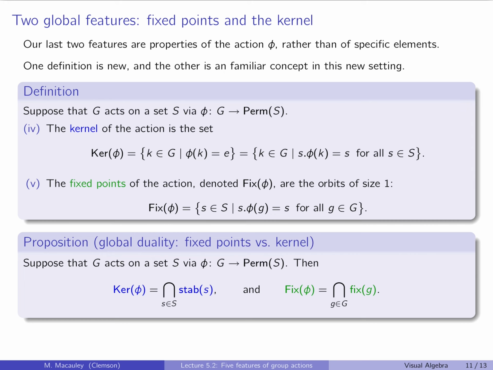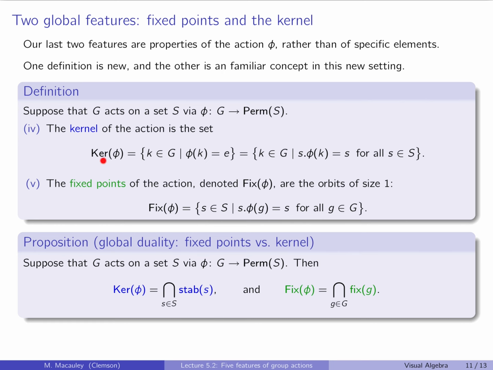Here's a proposition. It's more just a remark than something we have to prove, but there's a global duality between the fixed points and the kernel. So suppose that G acts on a set via this homomorphism as before, then the kernel of phi is the intersection of all the stabilizers, and the fixed points are the intersection of all the fixators. And let's think about why that is. The stabilizers are the group elements that fix these individual set elements.